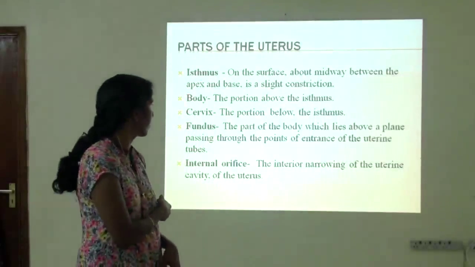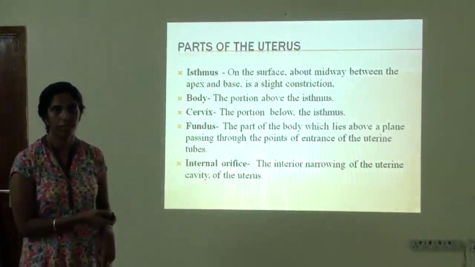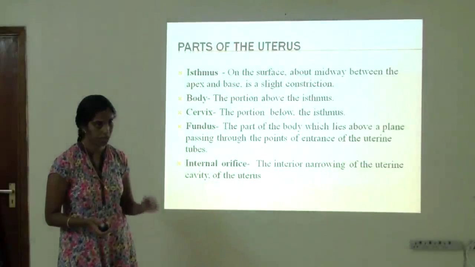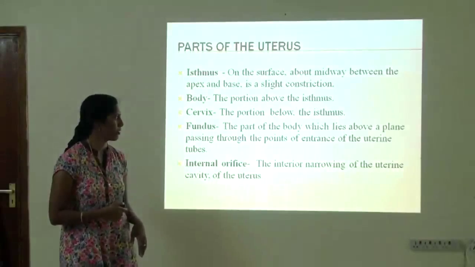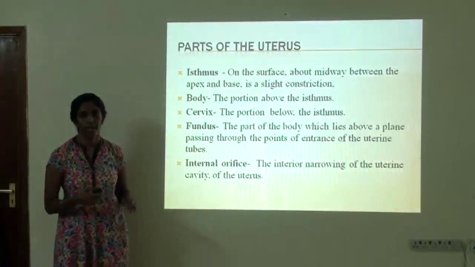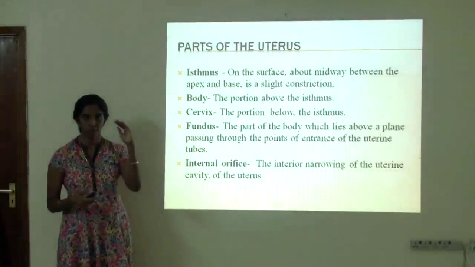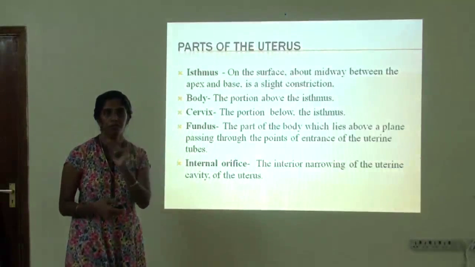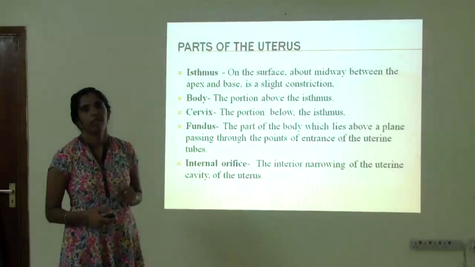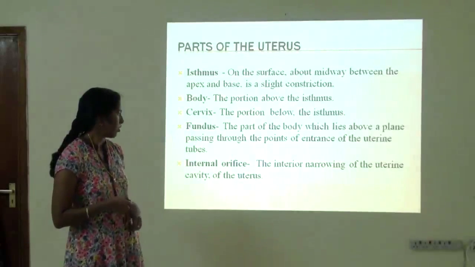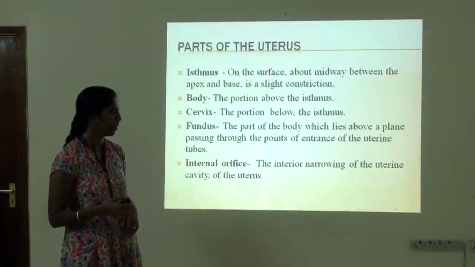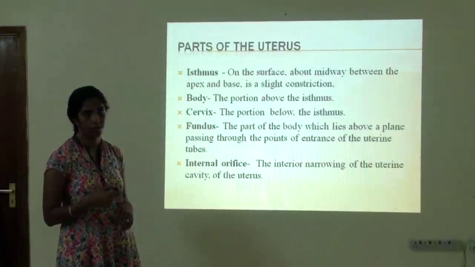Then you have the cervix. Cervix is that part coming below this isthmus. Then you have the fundus, the part of the body that lies above the plane connecting the point of entrance of the fallopian tubes. Then you have the internal orifice, the interior narrowing of the uterine cavity of the uterus.